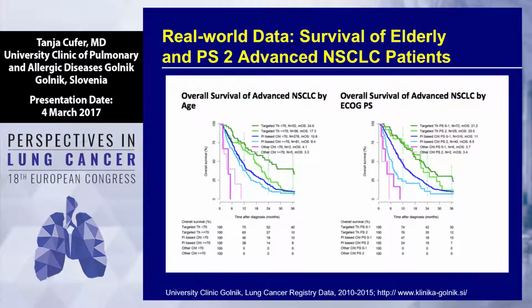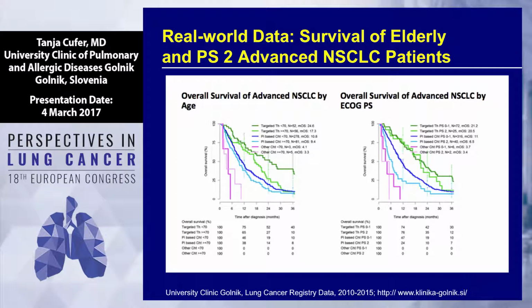You can see on the left side of the panel that according to age, if we decide on monochemotherapy, the pink line, it's completely the same bad survival for patients more or less than 70 years old. If we decide on platinum-based chemotherapy, the blue lines, it's completely the same whether it's less than or more than 70 years. For targeted therapy, the first part of the curve is okay.